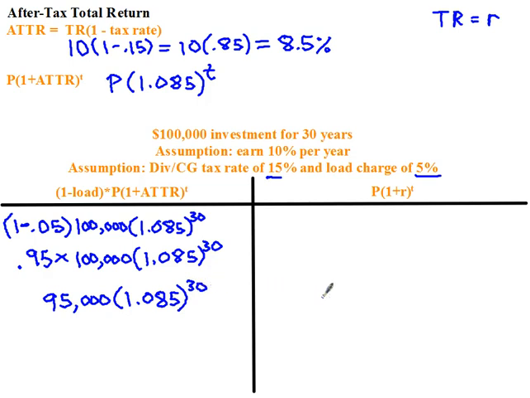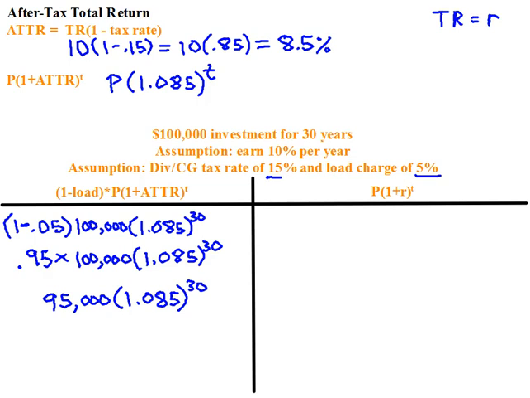Okay, so let's do that calculation. I invested 100,000, but only 95,000 of that actually got invested. So I'm going to take 1.085 raised to the 30th power times 95,000.